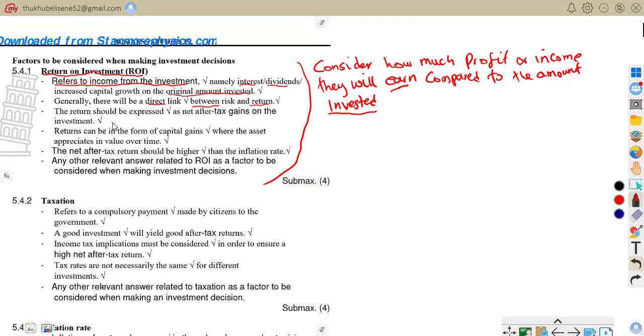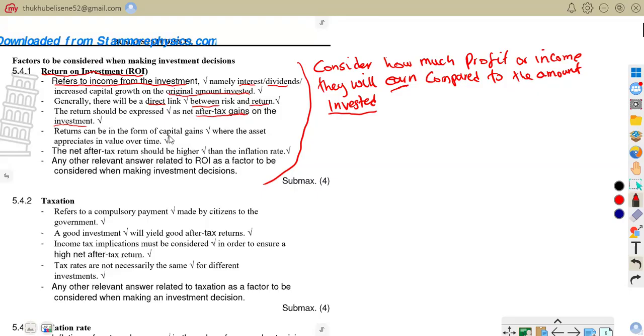Also, the return should be expressed as a net after-tax gain on the investment. People who invest are given that bargain by government of paying less tax. So the return should be expressed as a net after-tax gain on the investment.